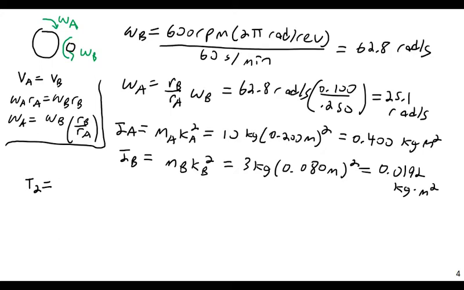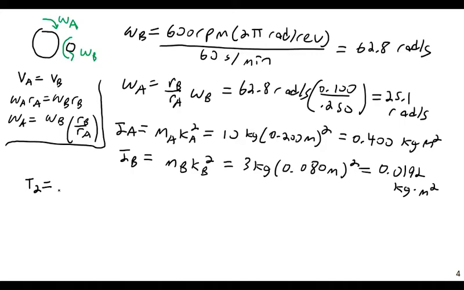I know that there's no gravitational potential energy really going on here. So if I can find the kinetic energy at point 2, where the thing is rotating at 600 revolutions per minute, I can find the change in angle required to produce that.